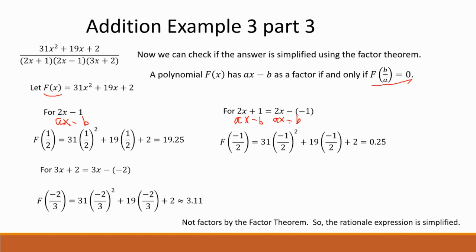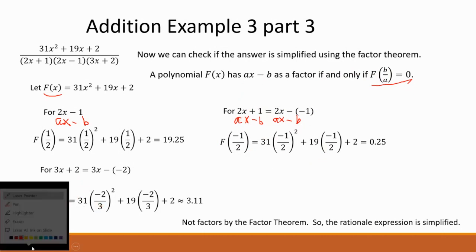So now we have subtraction. A is 2, B is negative 1. So capital F at negative 1 over 2, and we calculate that, and we don't get 0 either. I could have written this factor theorem for AX plus B. The only difference would be F of negative B over A. But again, I just want you to be able to visualize it from the way it's stated here.